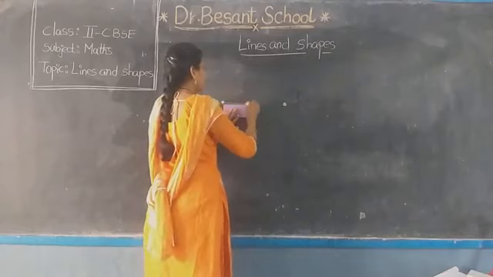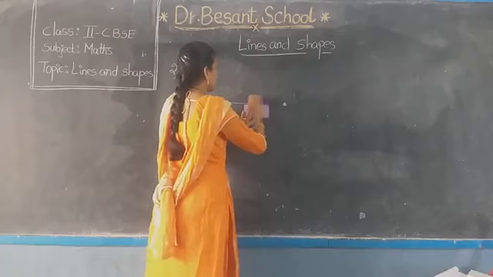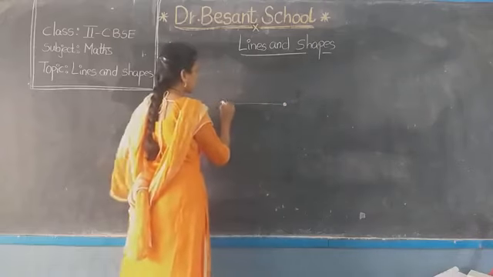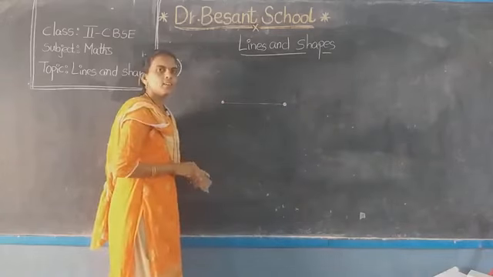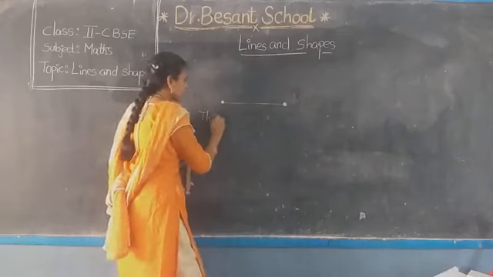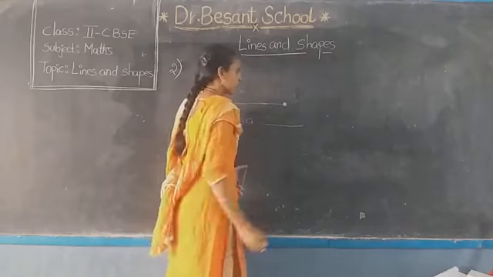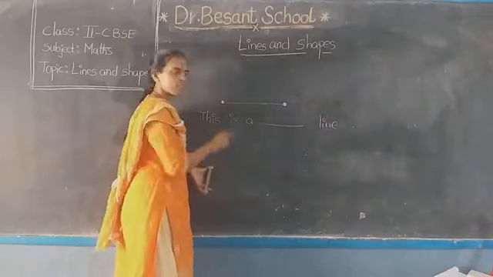Yes, I have drawn a straight line, joining these two dots with my scale. So you have to write which line is this? Which line, children, this is?